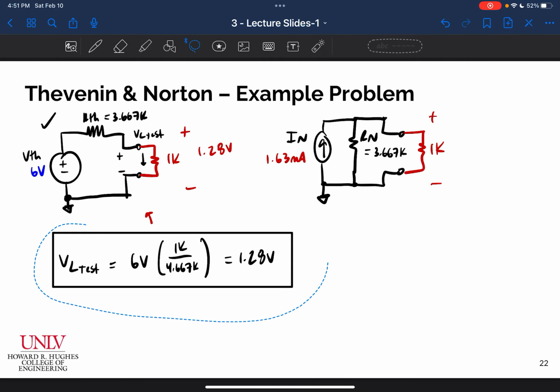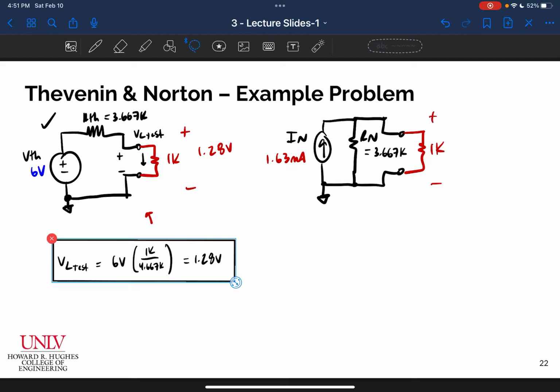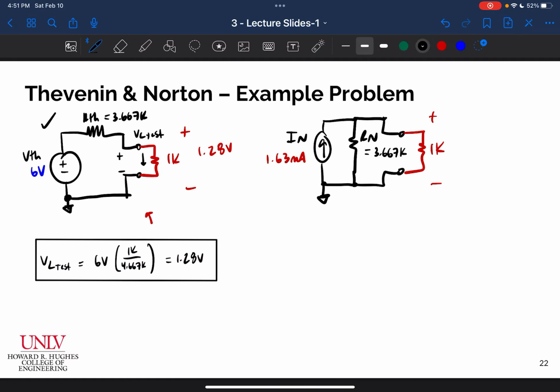Let me go ahead and shrink this down a little bit so I can make some space here. And now I need to check my Norton equivalent. My Norton equivalent basically shows me that I have 1.63 milliamps flowing into a 1K in parallel with a 3.667K. So in order to determine the voltage, I just need to take 1K times 3.67K divided by 4.667K. That's my equivalent R multiplied by I. And I should get 1.28 volts.